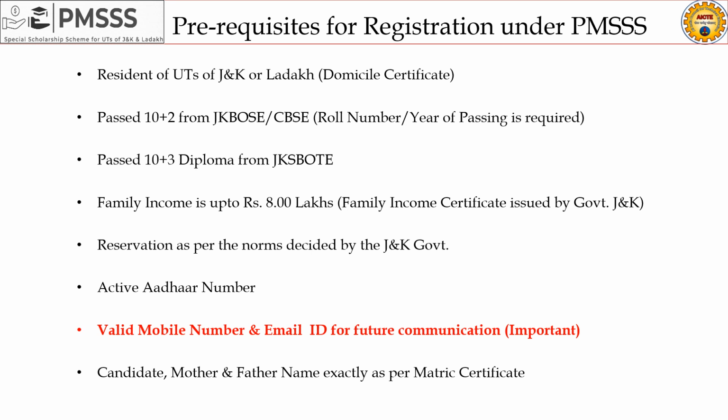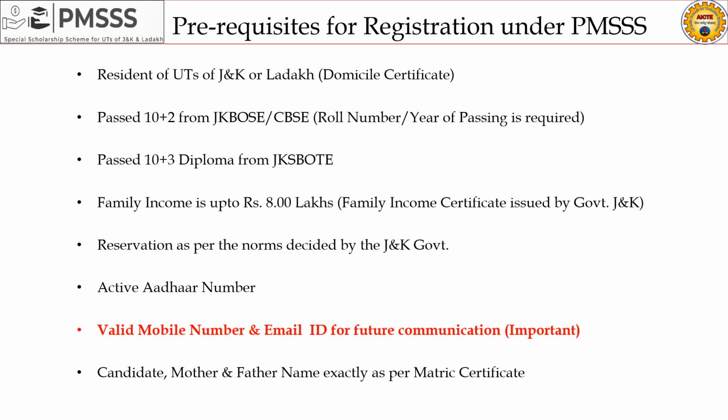For lateral entry students, the candidate should have passed 10+3 diploma from JKS board. The family income of the candidate should be up to rupees 8 lakhs from all sources. Family income certificate should be issued by Government of J&K. Reservation policy as per the norms decided by the J&K government.